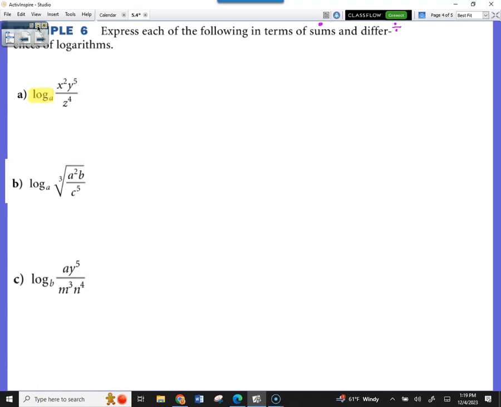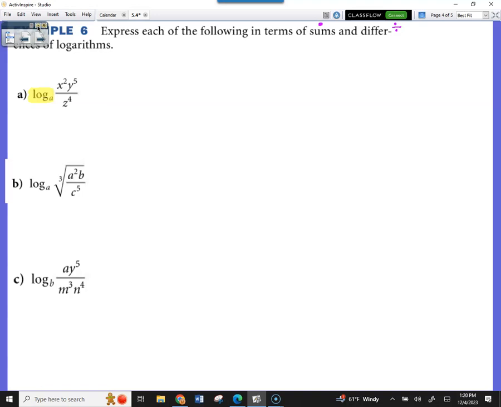Log base A. If you highlight it and treat it like a block, it's supplying you with the beginning of every log. It's going to be log base A, log base A, log base A. The part that you have to actually look at, tweak, work on, expand out is the x squared y to the 5th all over z to the 4th. That's what you're going to have to break apart and write out in expanded form.